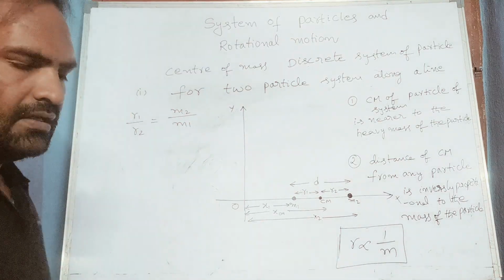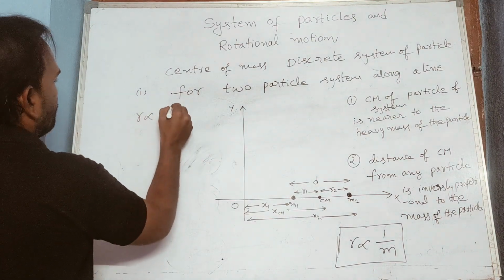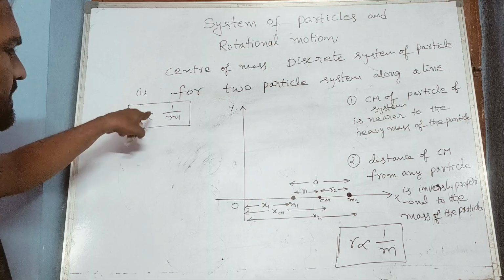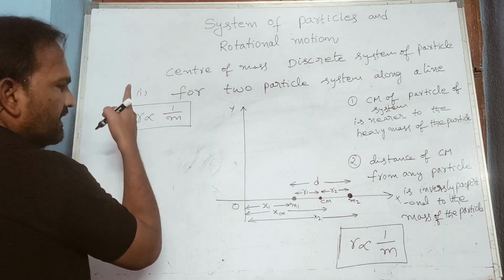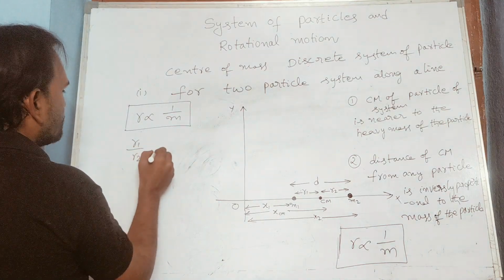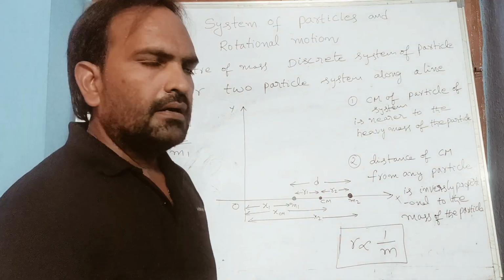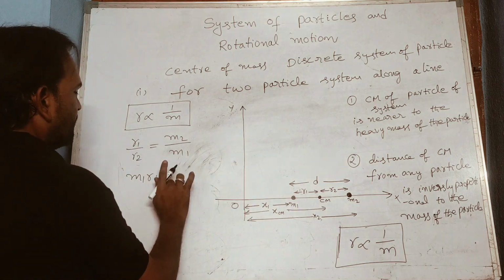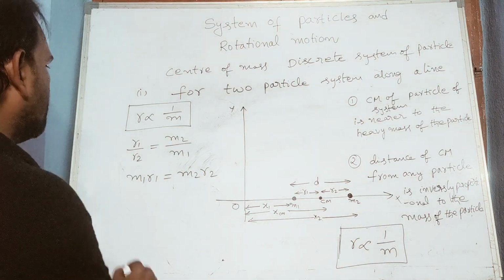Next, by cross multiplication, m1 r1 is equal to m2 r2. Okay, this is one of the equations.